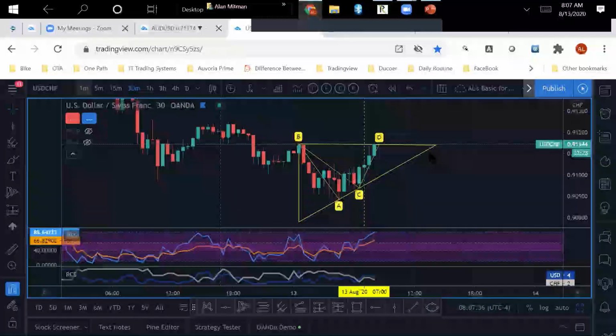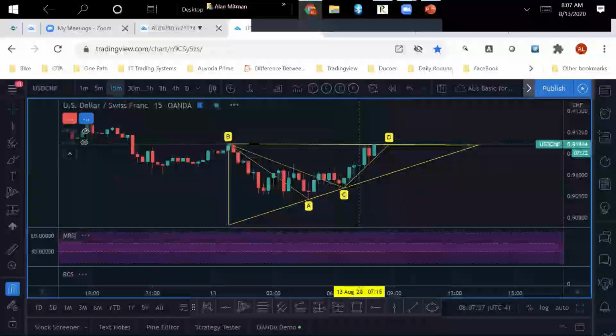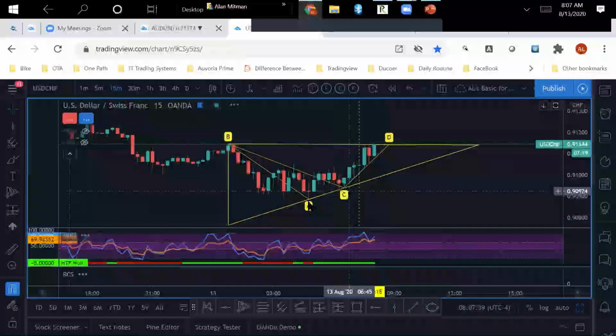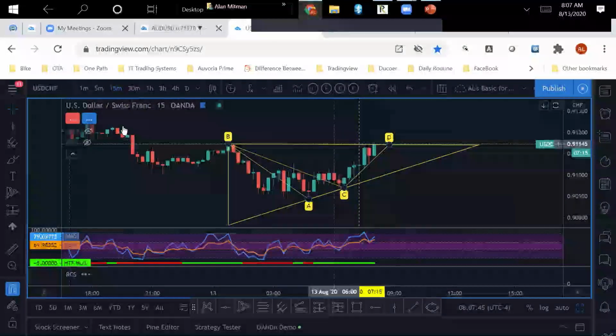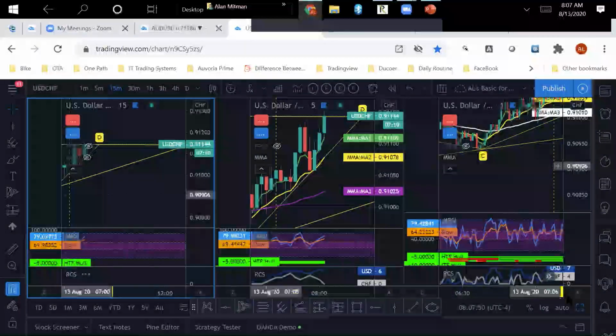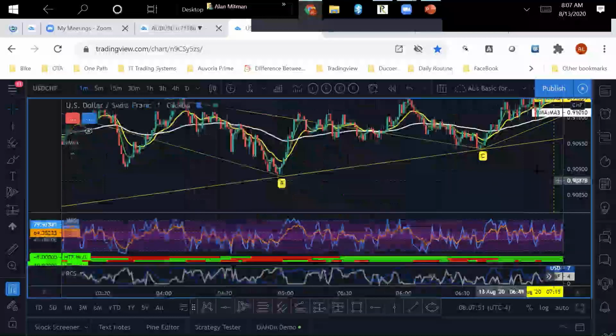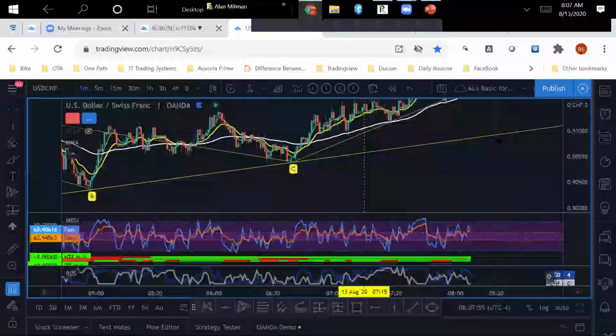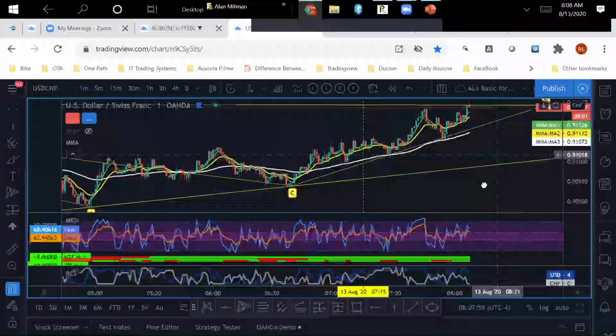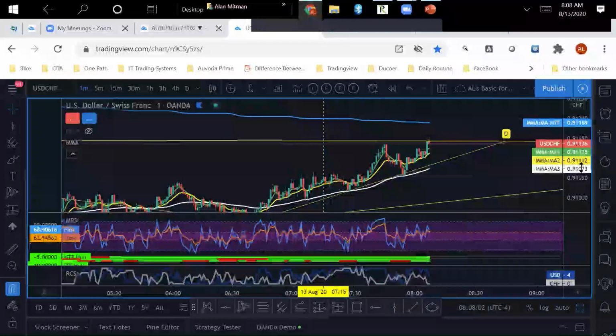Let's put this on a 15-minute chart. We drew our wedge, it was ascending, so we're starting from the bottom to the top, find a pivot high, flatten the top up on a 15-minute chart. We're going to go over to the 1-minute chart. And you can see it's starting to break out.